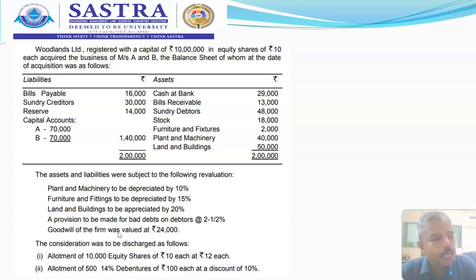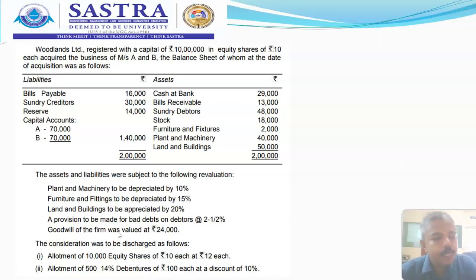Of this, I also explained there are different forms of purchase consideration settlement from the acquisition company. So there are 4 forms, 4 different forms. One is settlement by cash. The entire amount can be settled by cash.